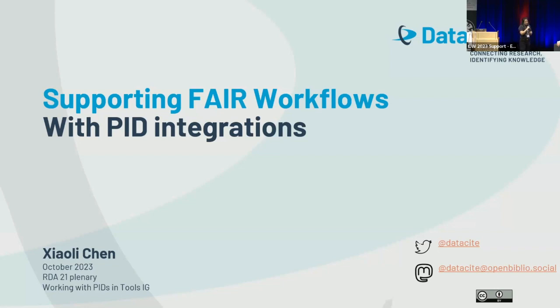A lot of people, when they talk about PIDs or DOIs, think of putting a DOI on the end result of a research project. Journal articles get a DOI at the end of the project, and datasets get deposited in a data repository at the end of the project.